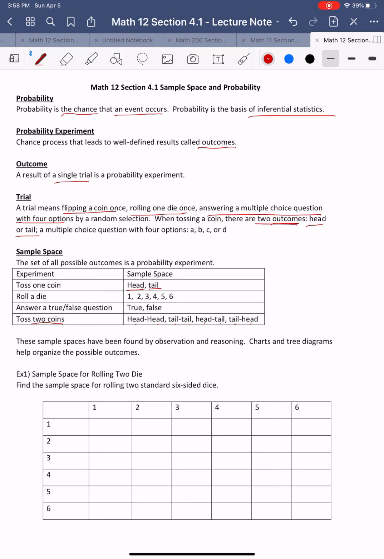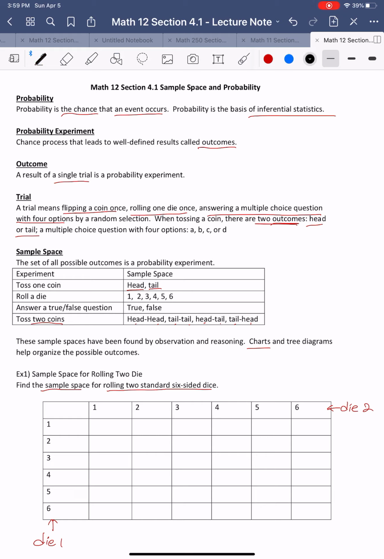So example 1: we are using a chart to find all the outcomes as a sample space. Find the sample space for rolling 2 standard 6-sided dice. Let's say this is die 1, and this is die 2.